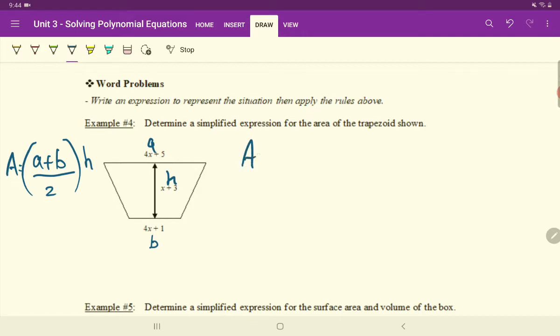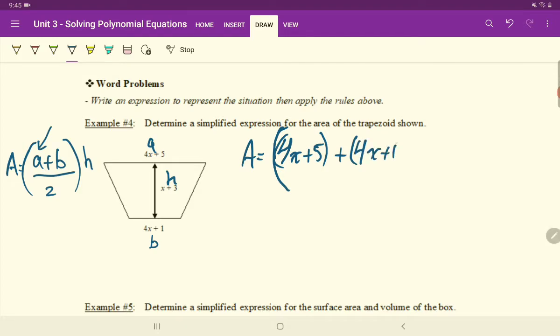So let's begin. The area is equal to, now my a is 4x plus 5, so I'm going to replace a with 4x plus 5, plus, remember, anytime I'm substituting in for a variable, I put whatever I'm substituting in brackets.